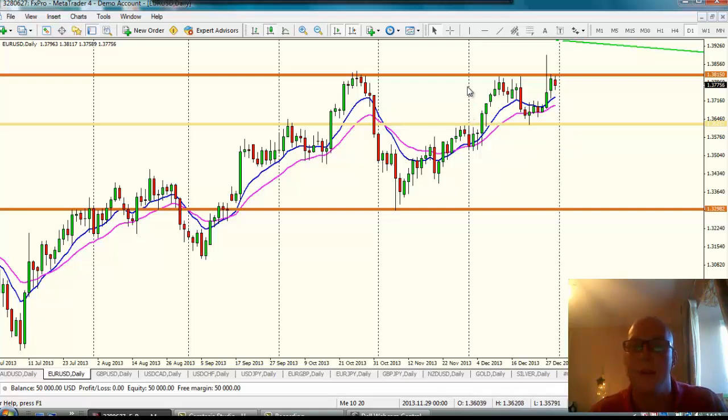If you also notice the thickness of my lines, I use the thickest line possible with MetaTrader 4 purely because price as a whole, especially on the higher time frames, can vary quite significantly.